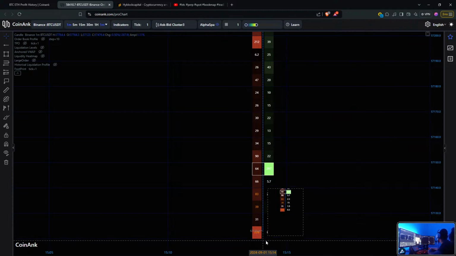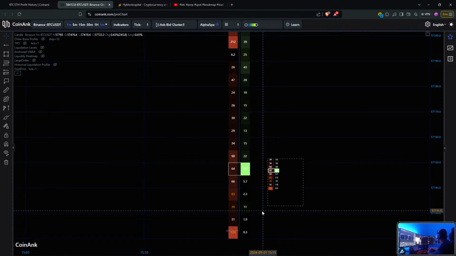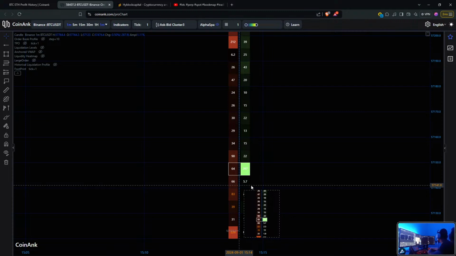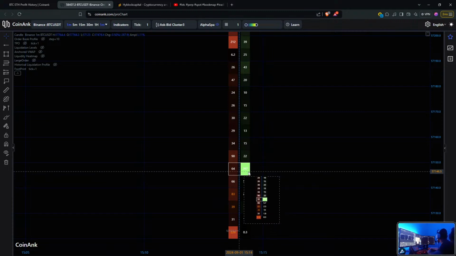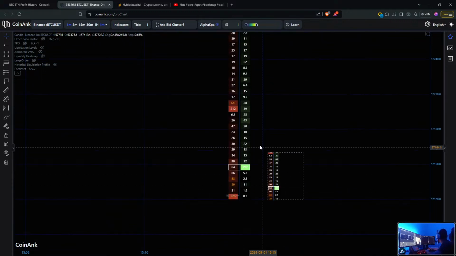So there was no one left to take those sell orders. Right after that, this was probably extremely fast when it was happening, we got 297 buys. So these buyers were winning over these sells, and it was an SFP, and it was a super aggressive move.